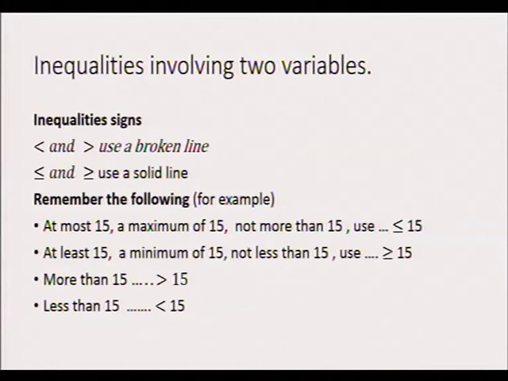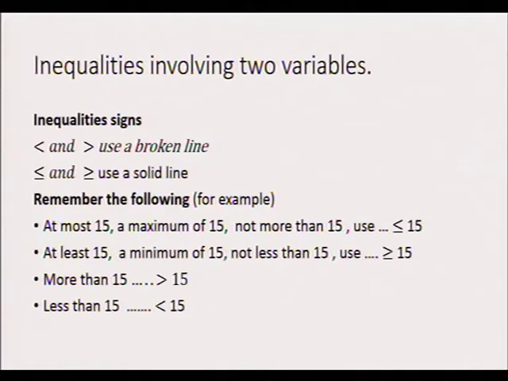All right, let us continue with the last part, which is inequalities involving two variables. You should know those inequality signs. For greater than or less than, we use a broken line, and for greater than or equal and less than or equal to, we use a solid line.